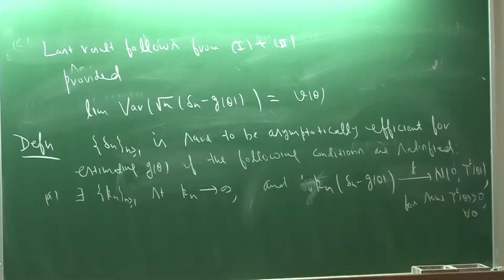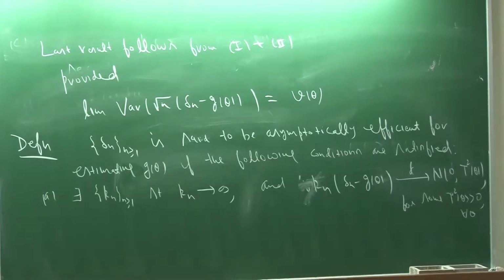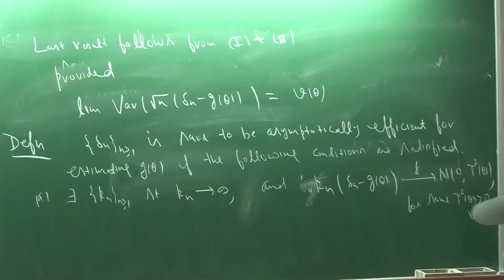Or in other words, I say that delta n is asymptotically efficient. The first condition is the condition for CAN.